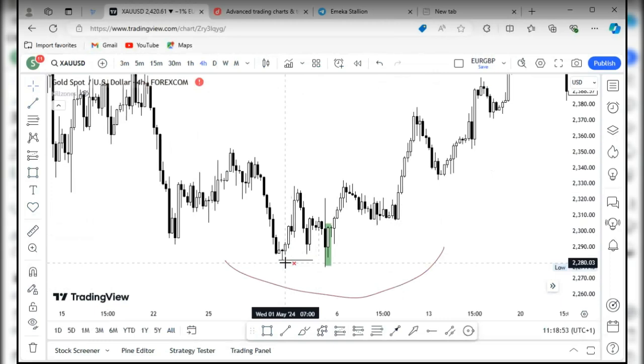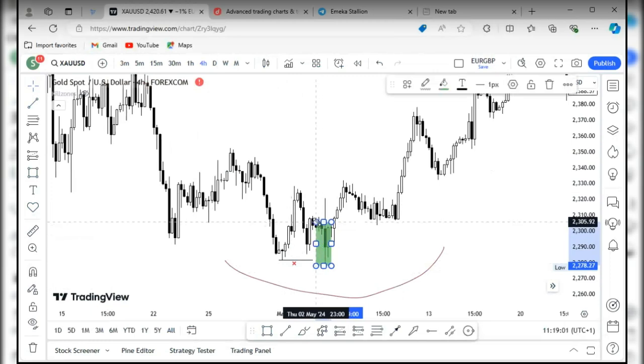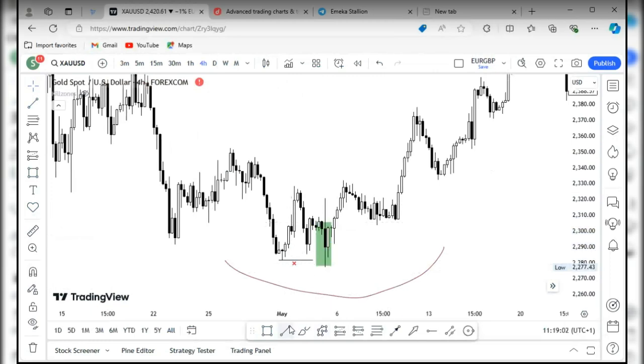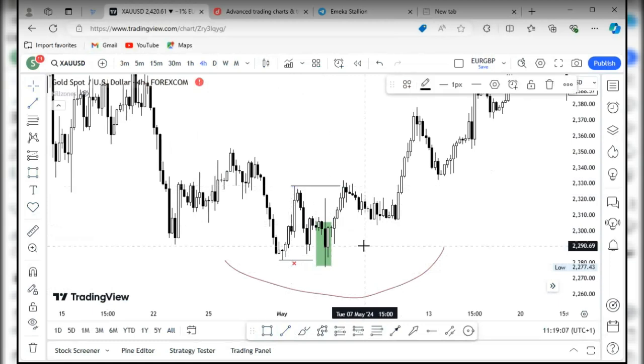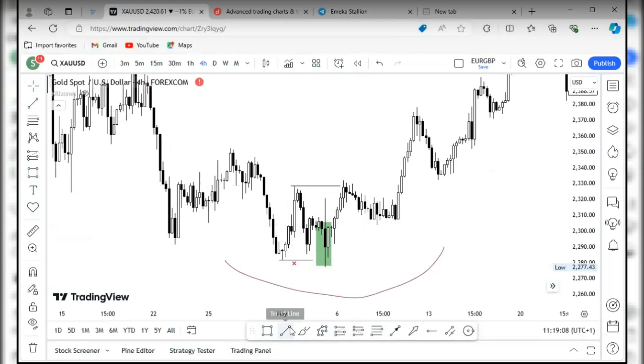That's where it started from. Swept these lows with this candle or series of candles, all of this. Price rallied down, swept that low, and see what price did. Closed above here. Price has changed structure and closed above here.